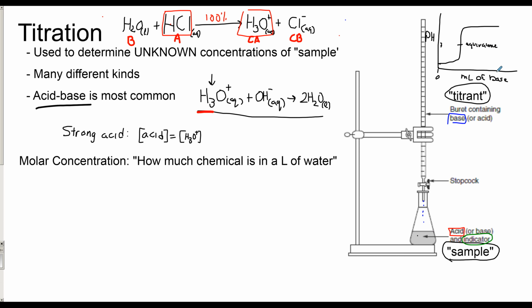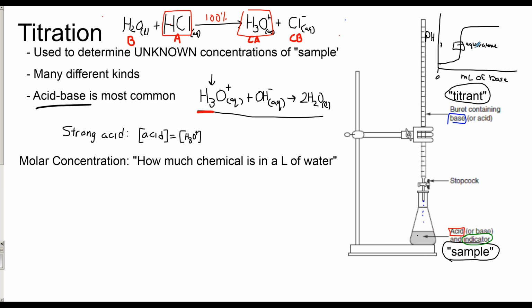So we usually, and for Science 30 for sure, we usually use an indicator that is going to give us some form of color change around thereabouts a pH of 7.